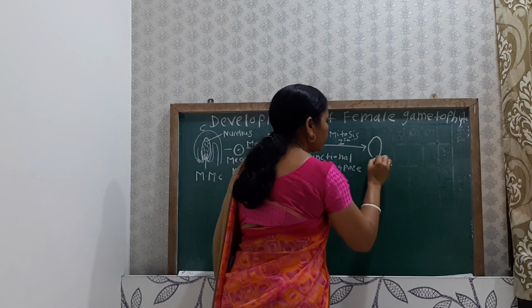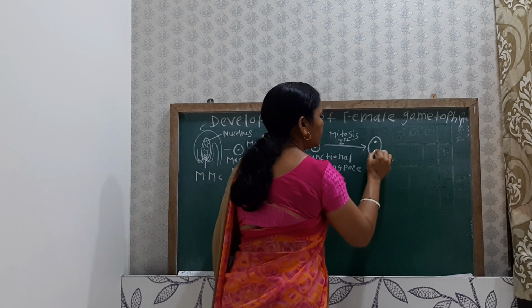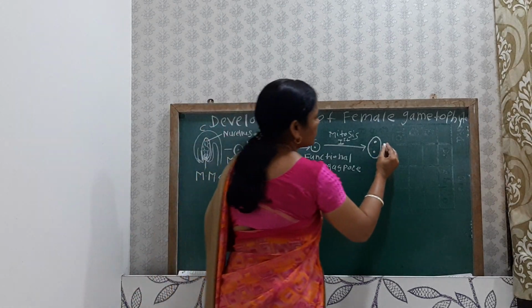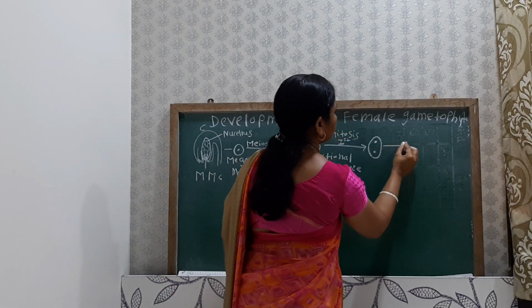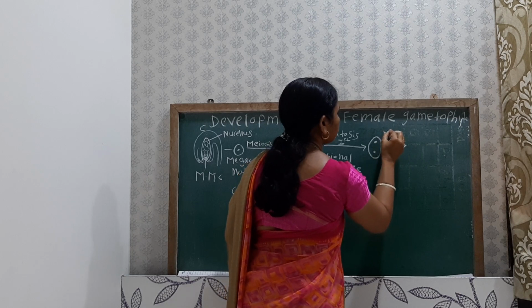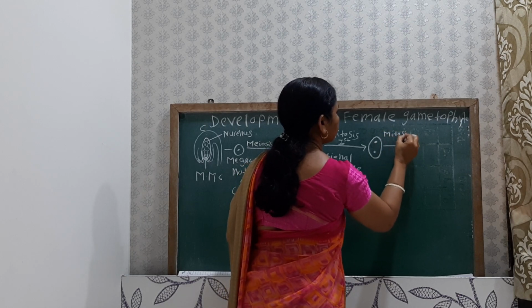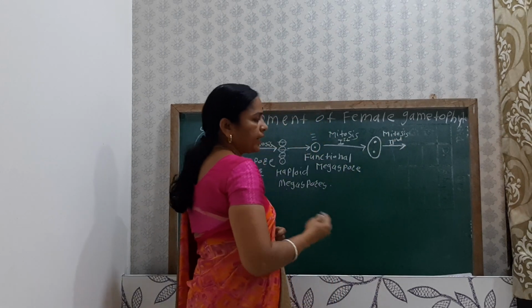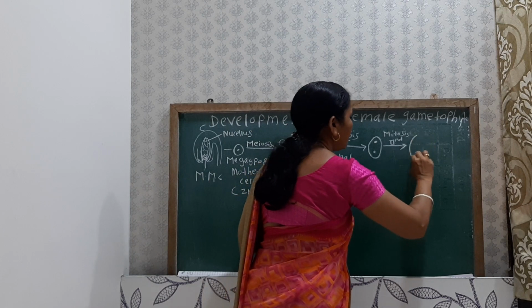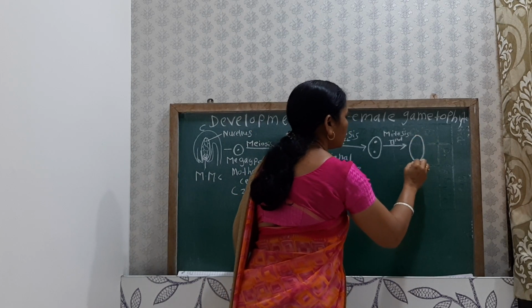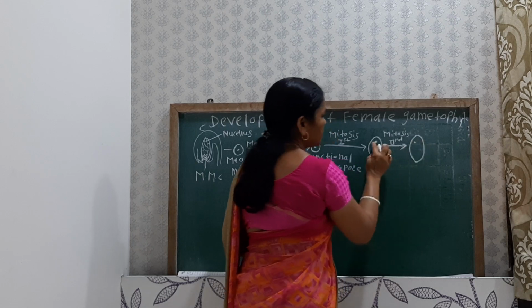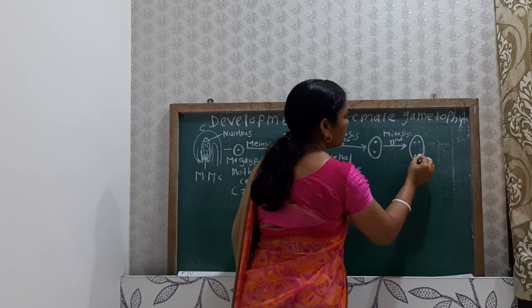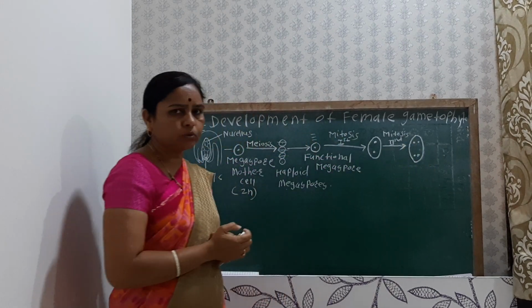See here, 2 nuclei are produced from this single nucleus. Then again the second mitosis takes place. After the second mitosis, there is the formation of 4 nuclei. From this nucleus 2 nuclei are produced, from this nucleus again 2 nuclei are produced, so there are 4 nuclei.